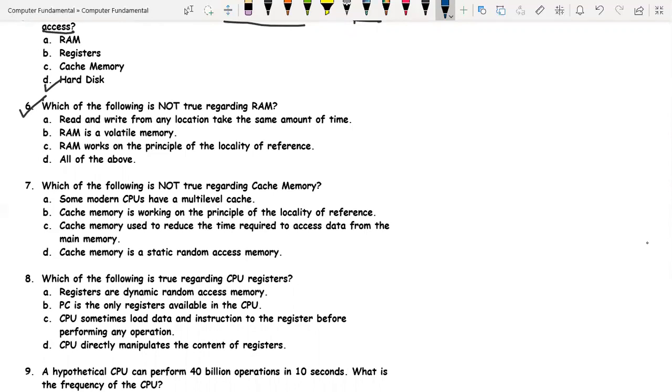Works on the principle of locality of reference is the false statement. The RAM is not based on the principle of locality of reference. It's the cache memory. So this statement is not true.